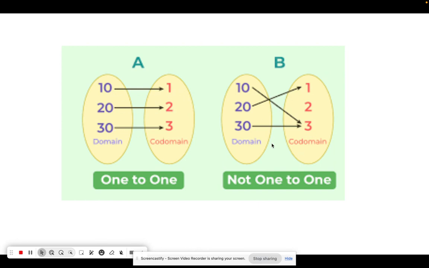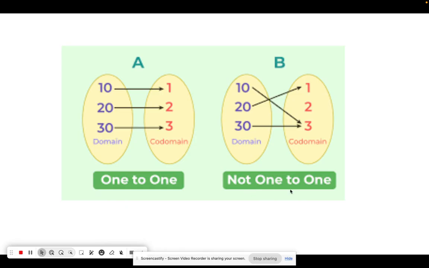But this is not one-to-one. Why? Because I have this 3, and even though it's an output, it actually has 2 inputs. Remember, this is a function because every input has one output, but the inverse is not a function, because if you switch it back, 3 is going to have 2 outputs.